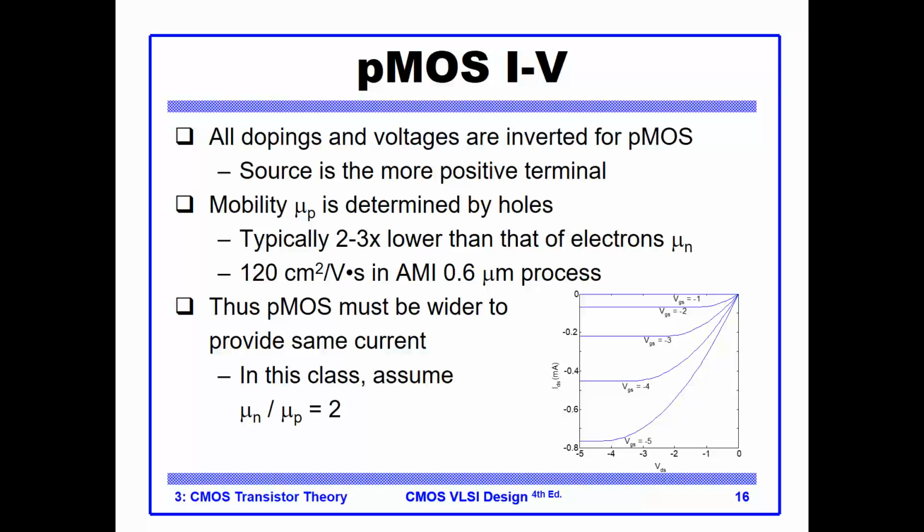Okay, you can see here he is plotting current and voltages, and everything is negative for the PMOS. Another thing you will notice for the PMOS is that the mobility for the PMOS is less than the mobility for the NMOS, and that's why the current values you get in the PMOS will be less than the current values that you get from the NMOS.